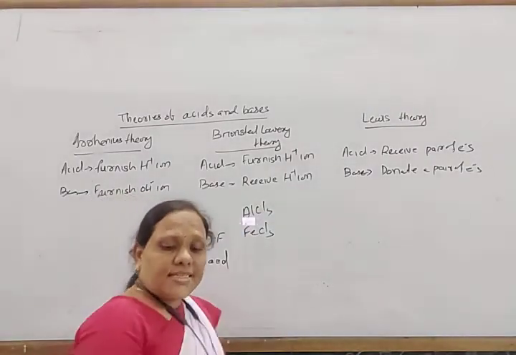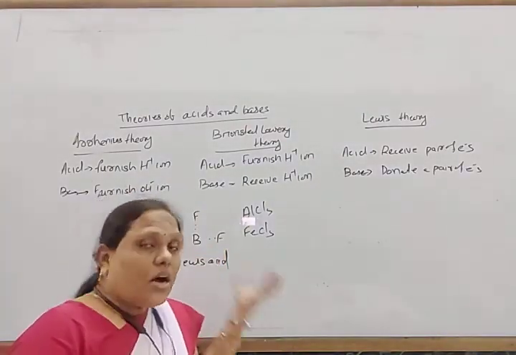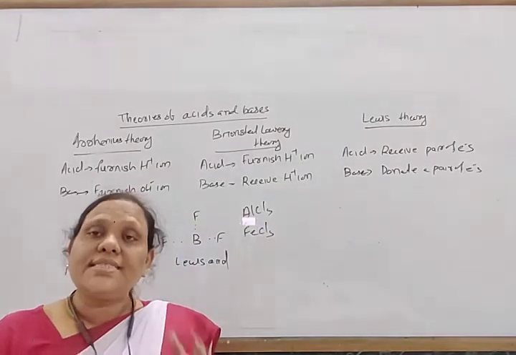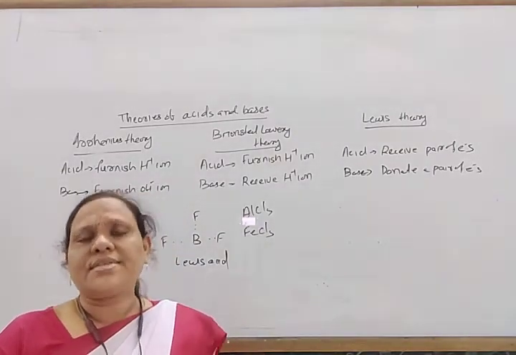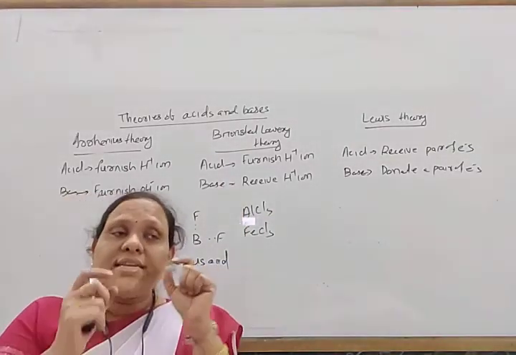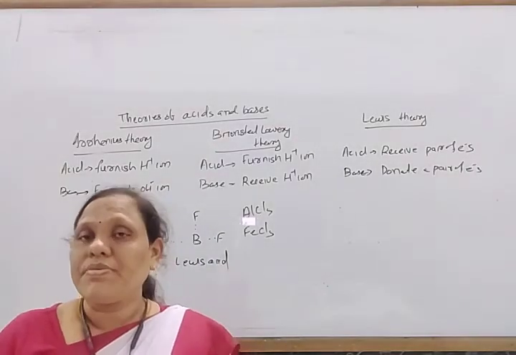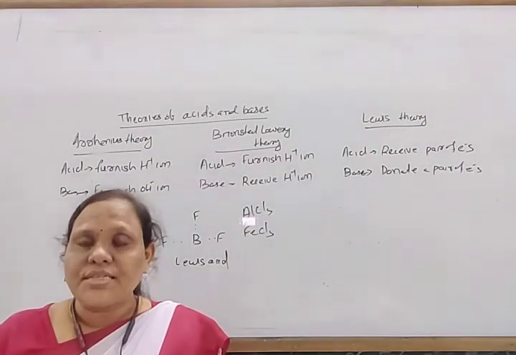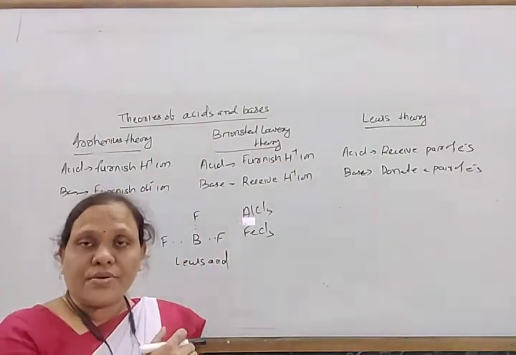Similarly, Lewis acids are those which accept a pair of electrons, which are generally electron deficient. So all cations, all positive ions, are generally Lewis acids. And another case: the central atom is bonded with an electronegative atom by multiple bonds. Then also this acts as a Lewis acid because it can receive a pair of electrons.